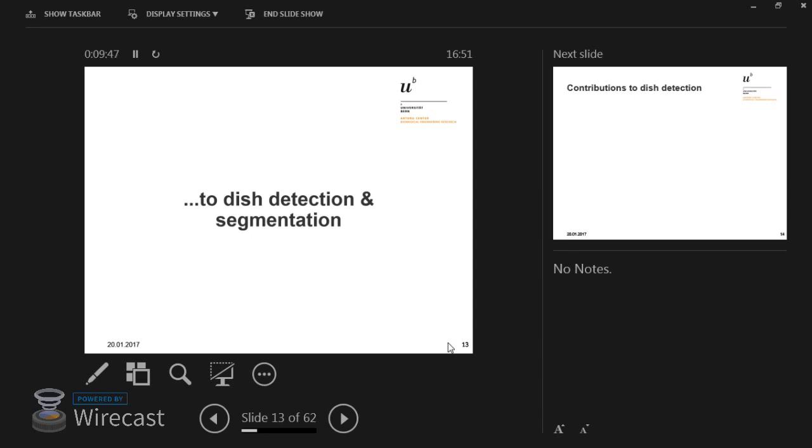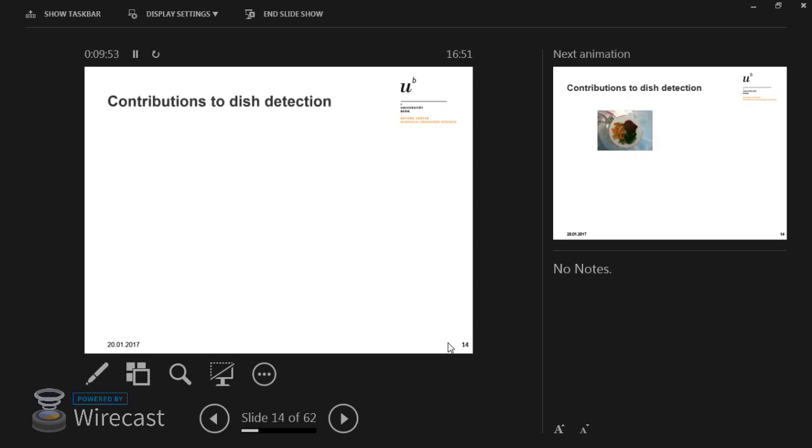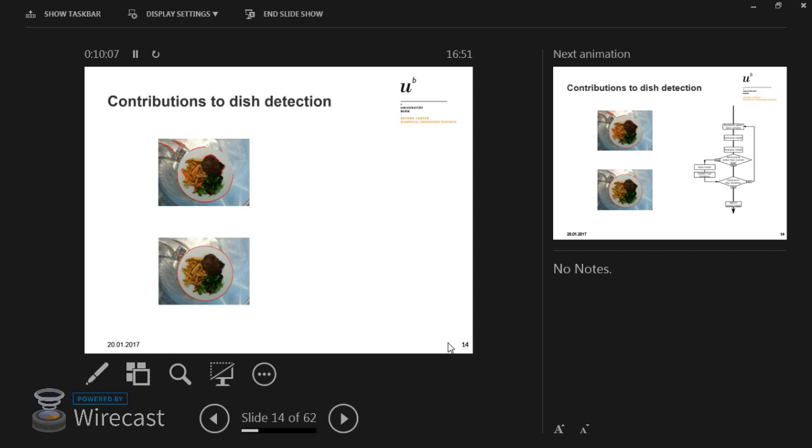So, what did we do in the dish detection and the segmentation? Well, for the dish, it's a pretty classical thing. We have an image and we want to find an ellipse, the projection of the circle. So we find the edges, here shown in red, and from the edges we want to find the dish itself, again shown in red. The most classical way to do this would be to use random sampling, in this case, RANSAC.